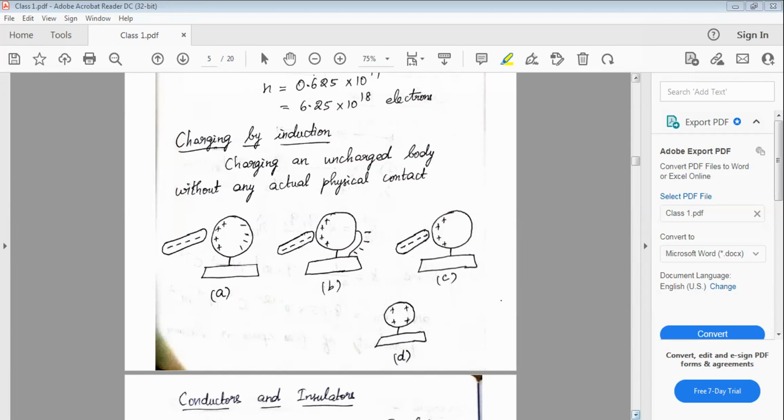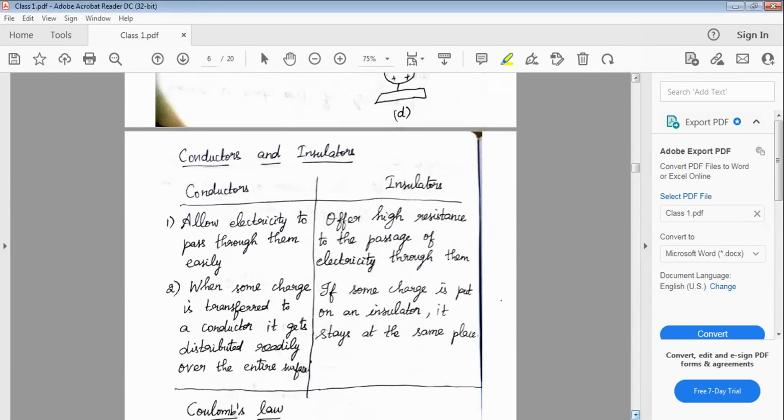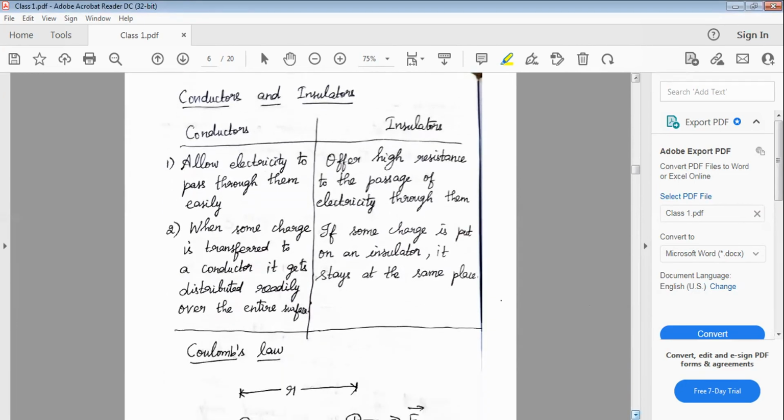So the next thing is conductors and insulators. This is a very basic concept. Conductors are those materials that allow electricity to pass through them easily, but insulators do not allow electricity to pass through them easily.